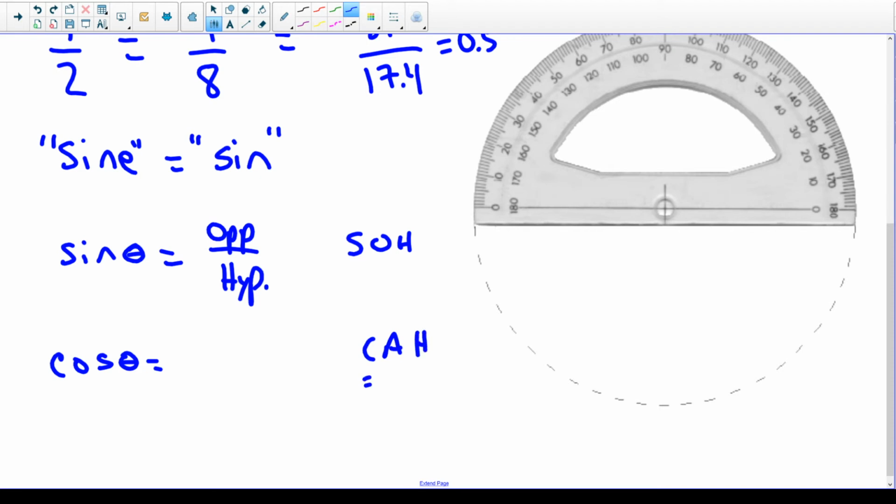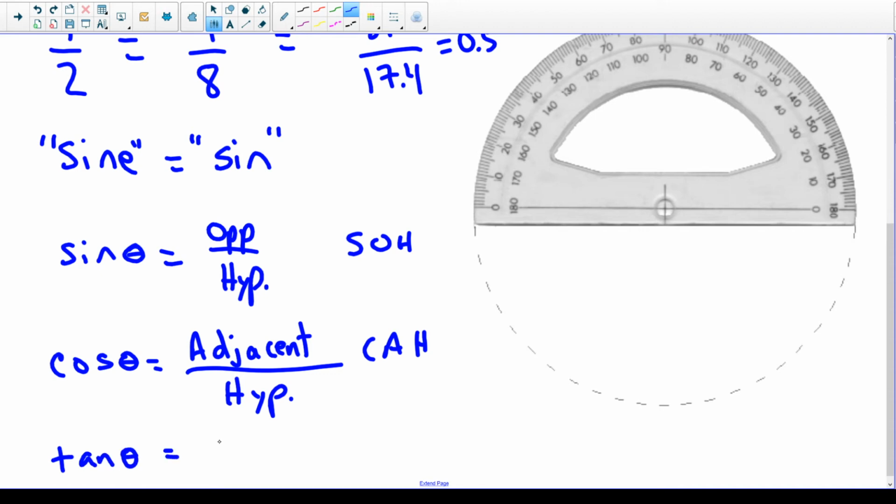So the cosine is equal to which two sides? Well, what does A stand for? And you've seen this before, I'm sure. A stands for the adjacent side, and H also stands for hypotenuse again. And then tan theta. Tan theta is equal to what two sides are we dealing with? Well, TOA will help you remember. It's the opposite side divided by the adjacent side.